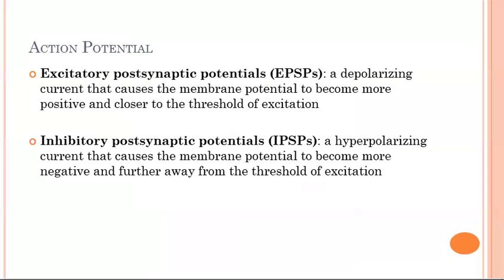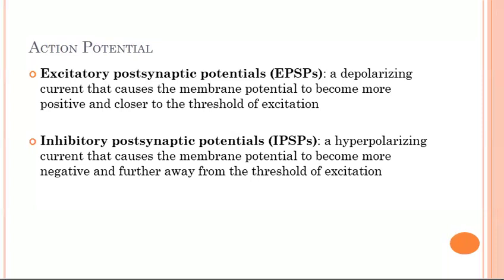These inputs can cause several types of fluctuations in the neuron's membrane potentials. The first is excitatory postsynaptic potentials, or EPSPs, a depolarizing current that causes the membrane potential to become more positive and closer to the threshold of excitation.